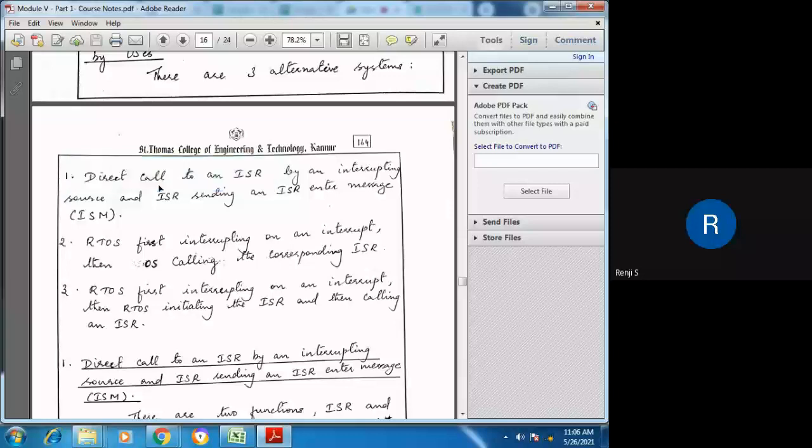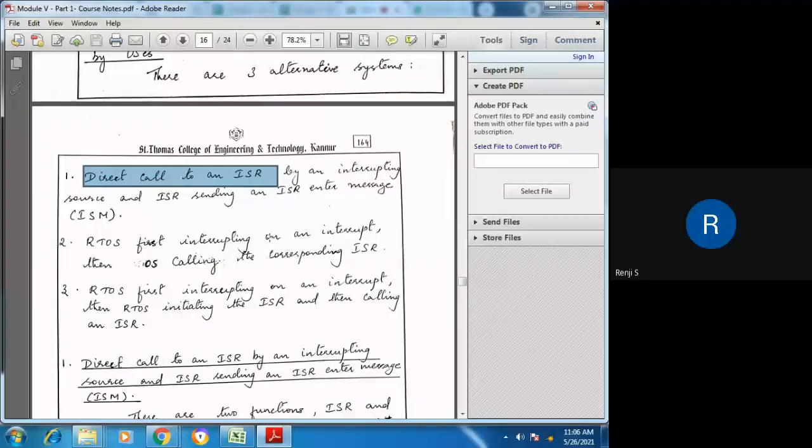So first is direct call to an ISR. Direct call to an ISR means whenever an interrupt arrives, instead of calling the operating system to service the routine, the system will directly call the interrupt service routine. The system is not calling the operating system to service the ISR, but is directly calling the interrupt service routine.